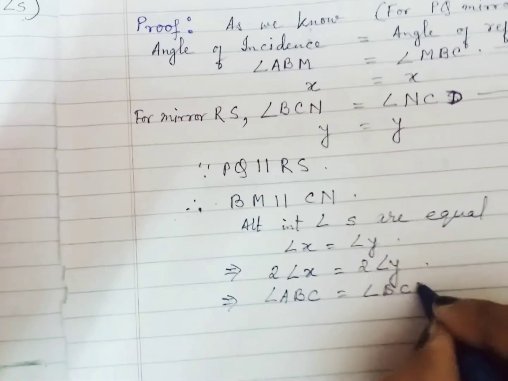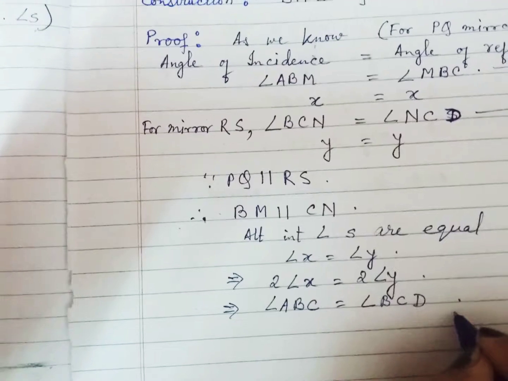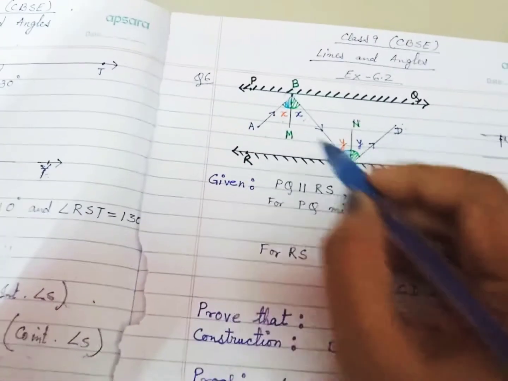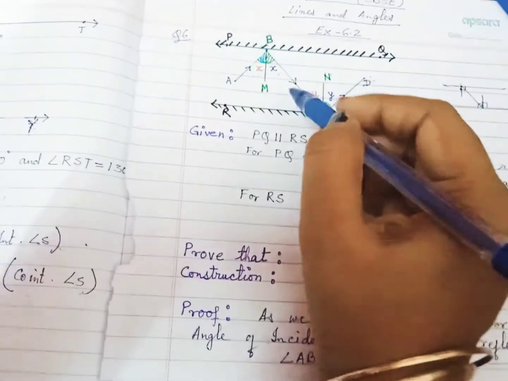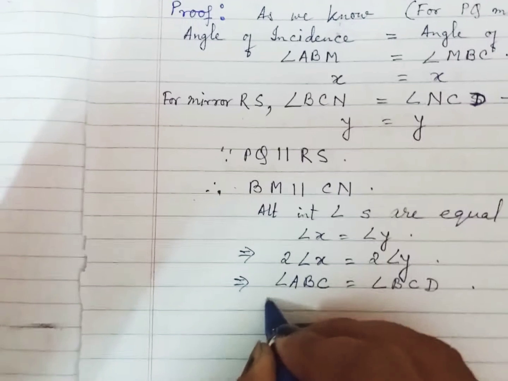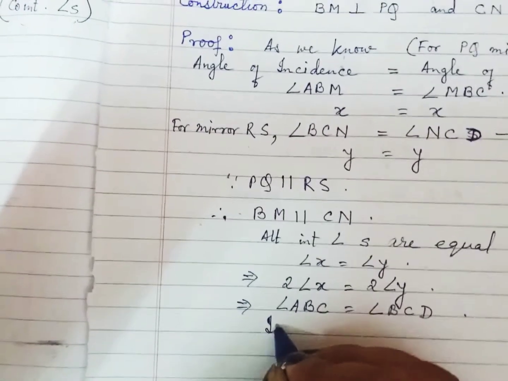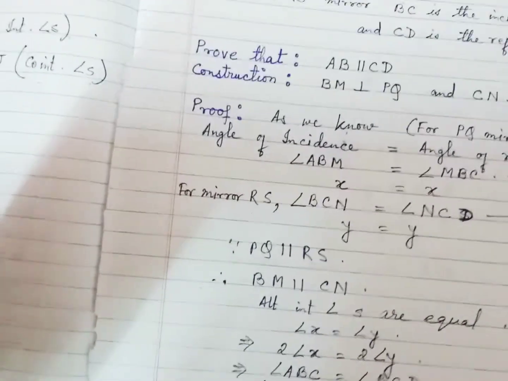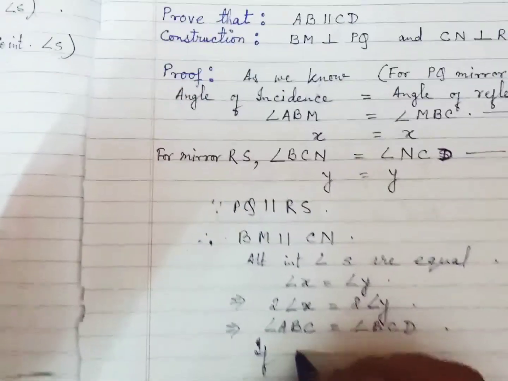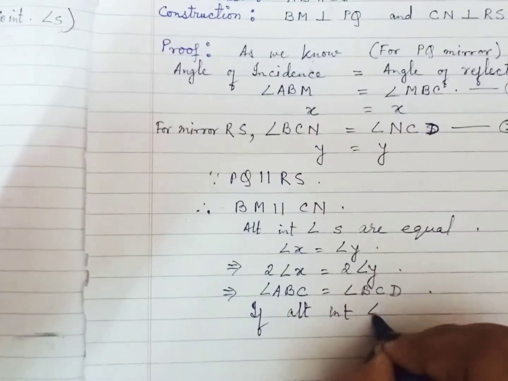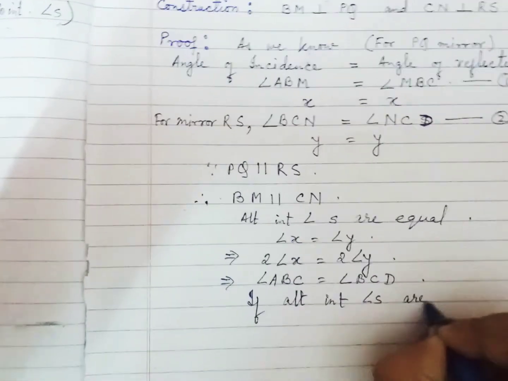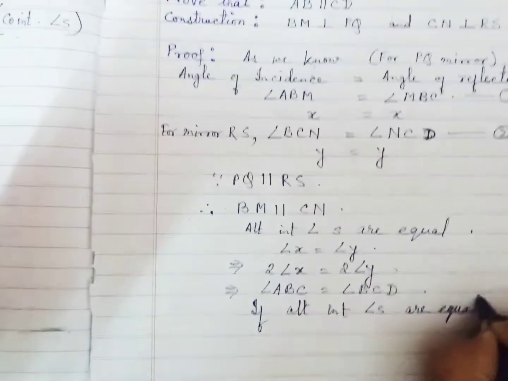So they are equal, since ABC equals BCD. And by the converse, if alternate interior angles are equal, then the lines will be parallel.